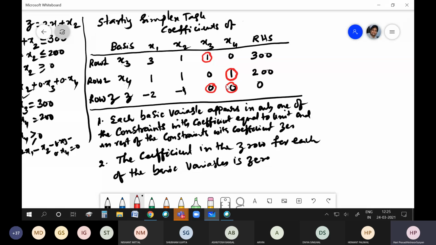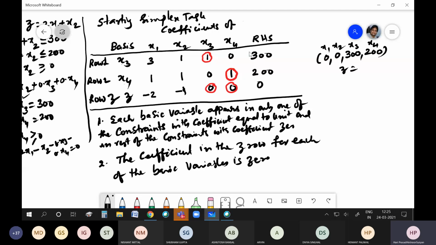Okay, so this is the first solution. The solution corresponding to this table is 0, 0, 300 and 200. That is, x1 is 0, x2 is 0, x3 is 300, x4 is 200, and what is the z value?